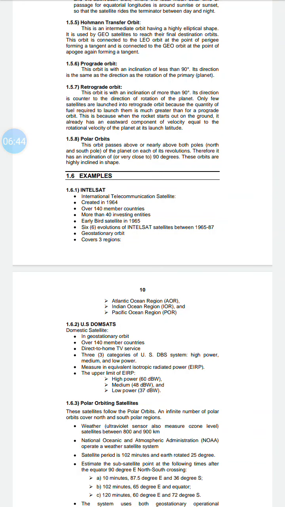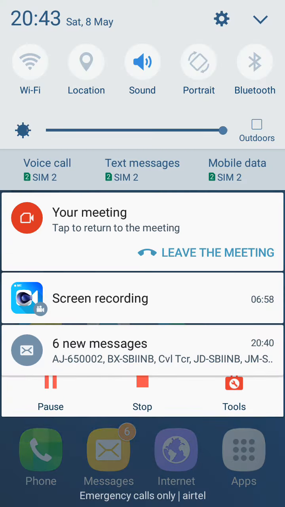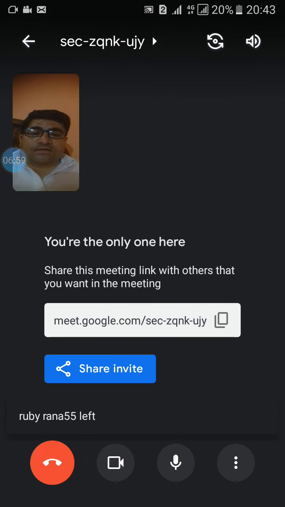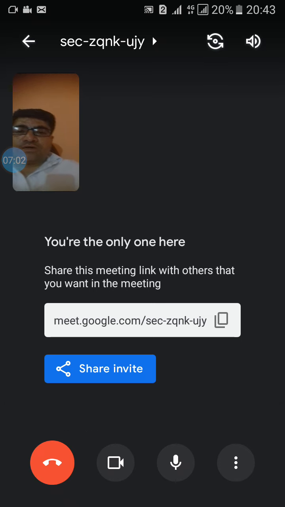The geostationary orbit covers three areas: the Atlantic Ocean region, the Indian Ocean region, and the Pacific Ocean region. These applications are studied so that we can enhance the capability of the system.